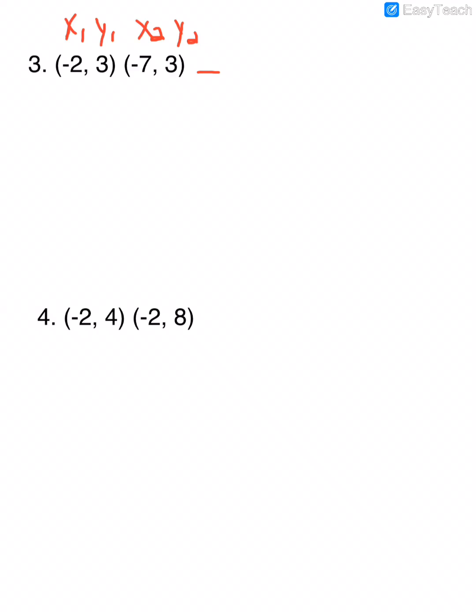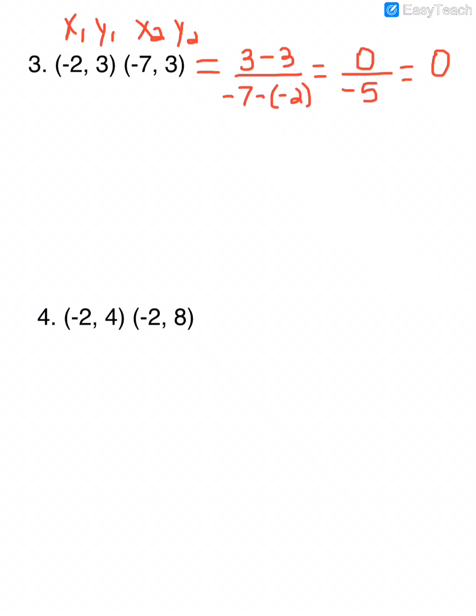Okay, when I plug it into the slope formula, y sub 2 minus y sub 1, that's 3 minus 3, over x sub 2 minus x sub 1, that's negative 7 minus negative 2. Well, 3 minus 3 is 0. And negative 7 minus a negative 2, that's negative 7 plus 2, so that would be a negative 5. Well, if the 0 is on top, then it's 0. So my slope here is 0.